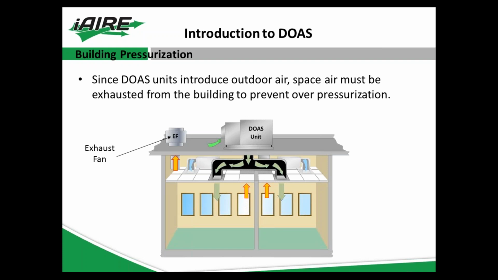So you could do it with auxiliary exhaust fans. You could do it with a powered exhaust tied to your DOAS system, where it's still exhausting all the air, but all the return air is directed towards that unit itself. Or you could have some sort of barometric relief throughout the building.